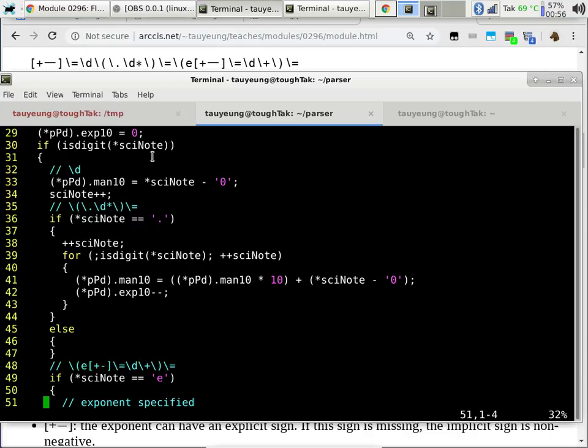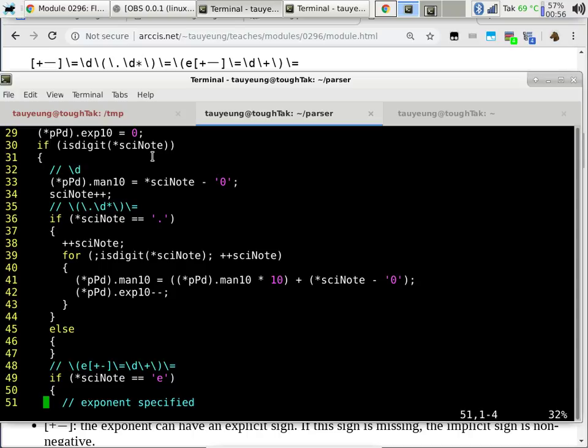What I want is the actual value of 0. So if I subtract the ASCII code of 0 from the ASCII code of whatever digit, which we know at this point is from 0 to 9, then I get the actual value of the digit itself. And then I put it into the mantissa because this is the first character that I encounter. I'll just stuff it into the mantissa for now.